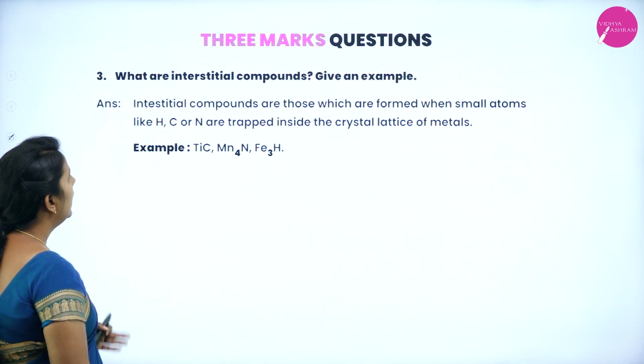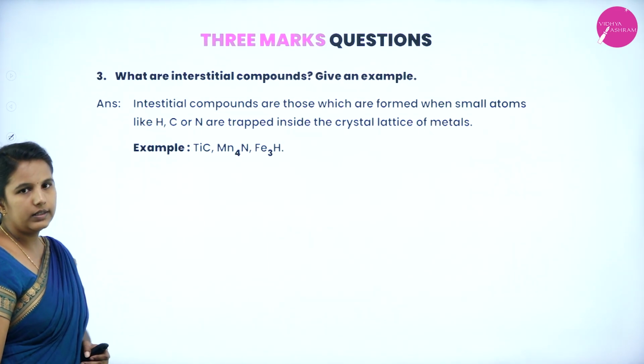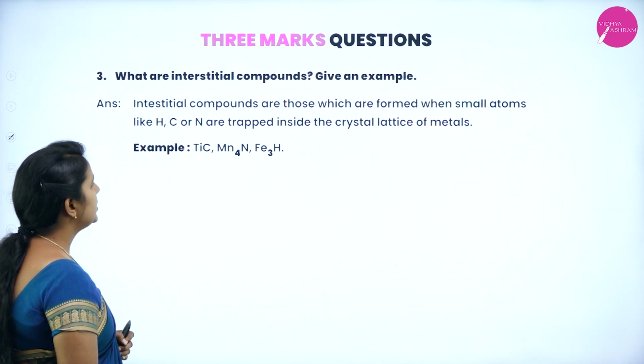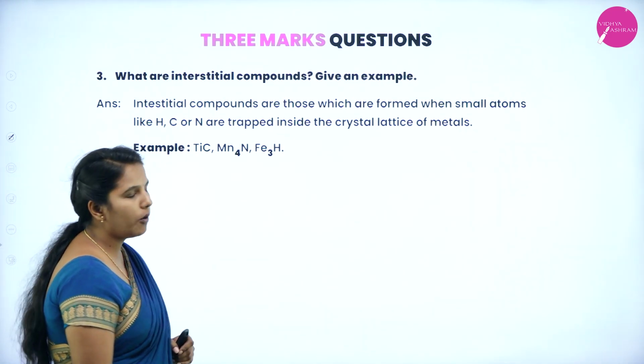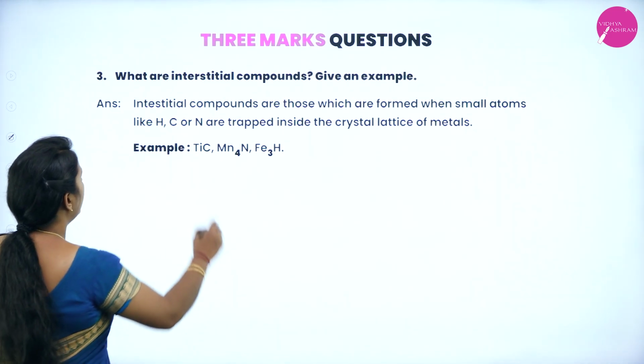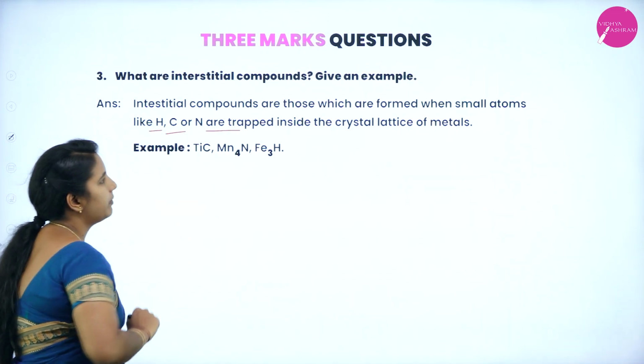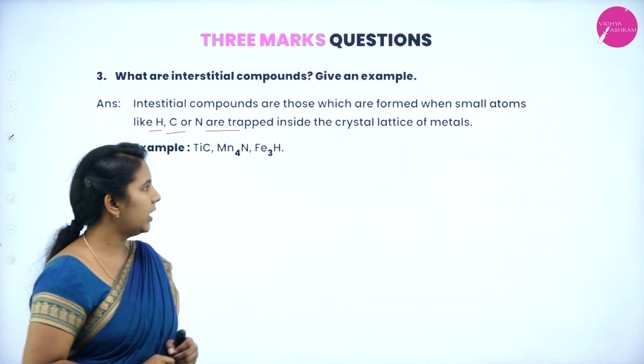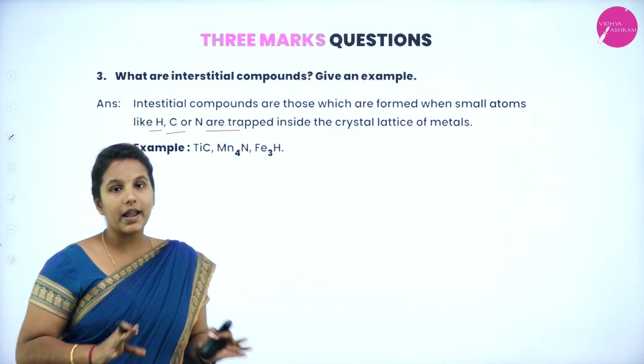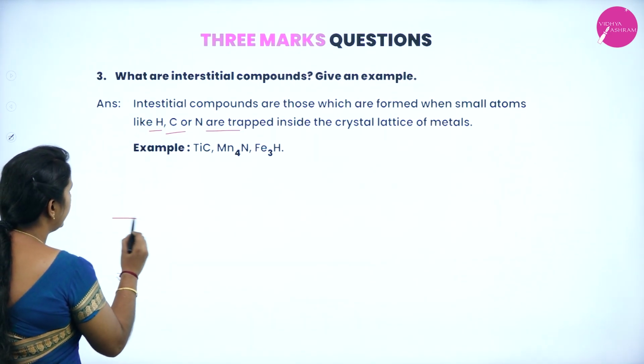Next question. What are interstitial compounds? Give an example. Interstitial compounds are those formed when small atoms like carbon and hydrogen are trapped inside the crystal lattice of the metals. If you consider any metal, I'll go with titanium metal.